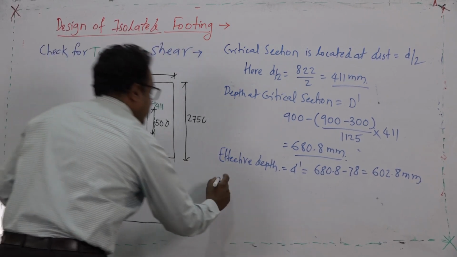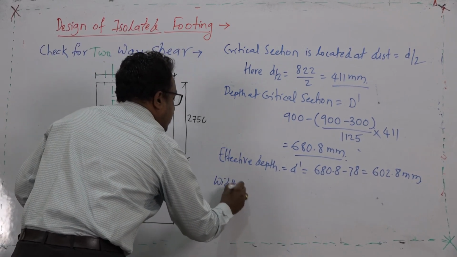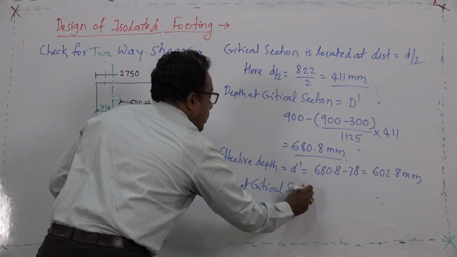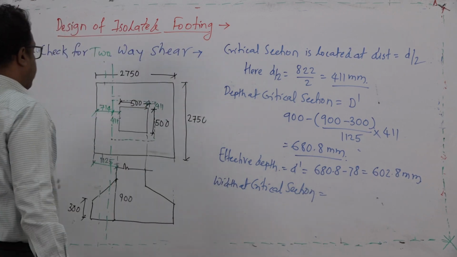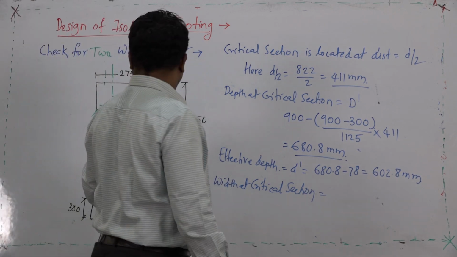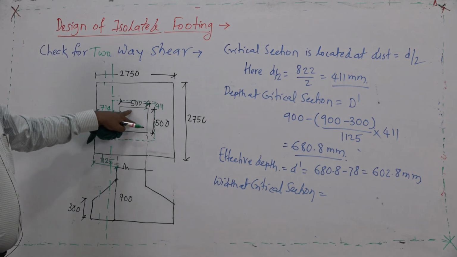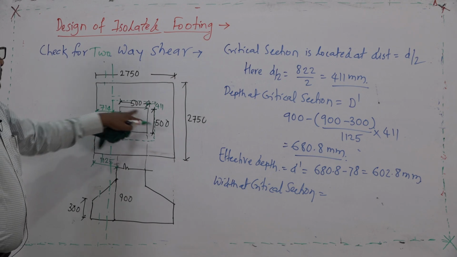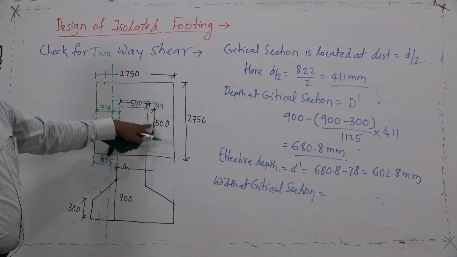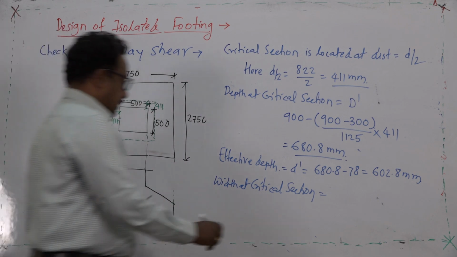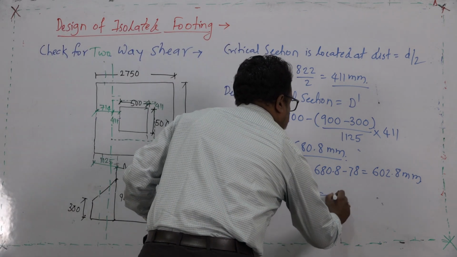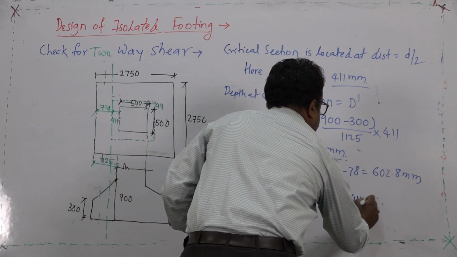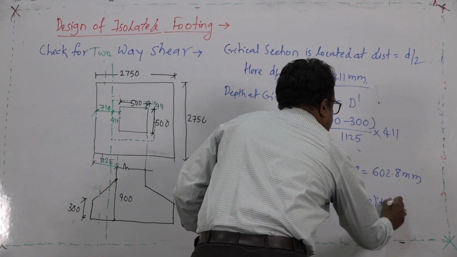Now, the width at critical section. The width will be this 500, which is a constant, the dimension of this column, plus 411 on each side. So, this will become 4 times of 411 times 2 plus 500.